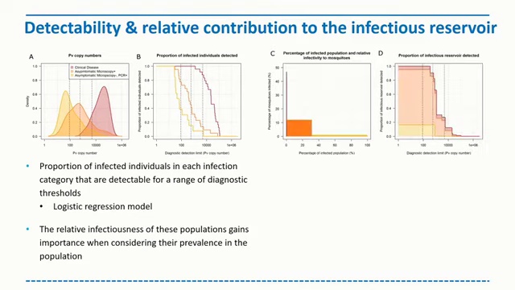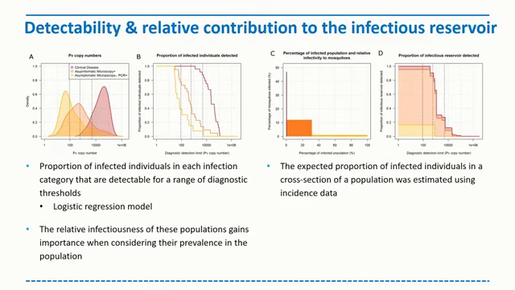So what we next did was we got local data from the district and also national data from the MIS, the malaria indicator surveys, and the expected proportion of infected individuals in each of these three groups was estimated based on the incidence data we got from those sources, but for the asymptomatic individuals, we used our own data.